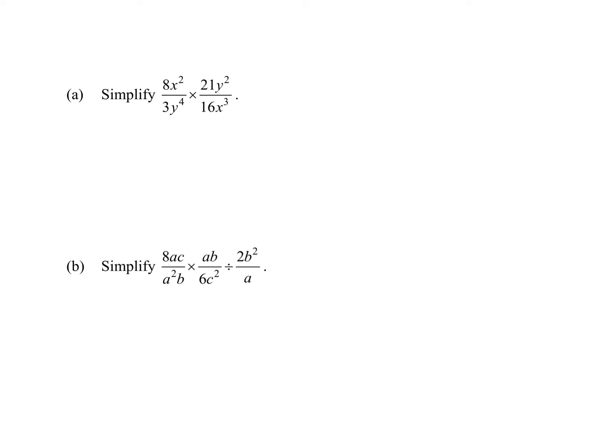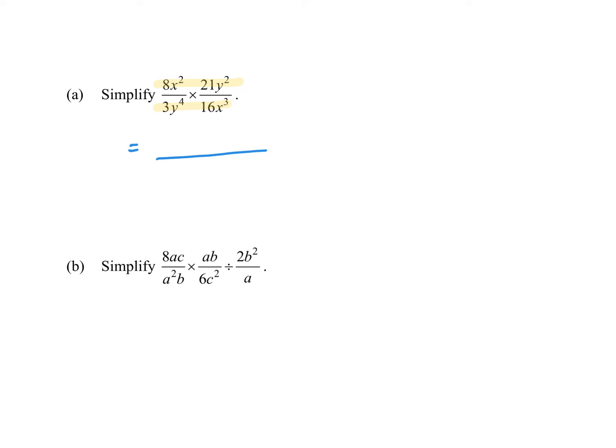For the first example, I know many students like to cancel the factors directly, but I usually try not to do cancellation on my paper like that because it's very messy. Instead, I multiply the numerator with the numerator, and the denominator with the denominator. Then I'll use my calculator to simplify.